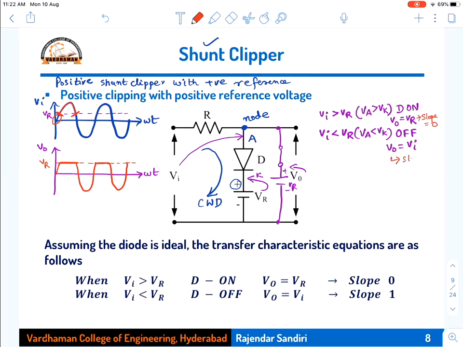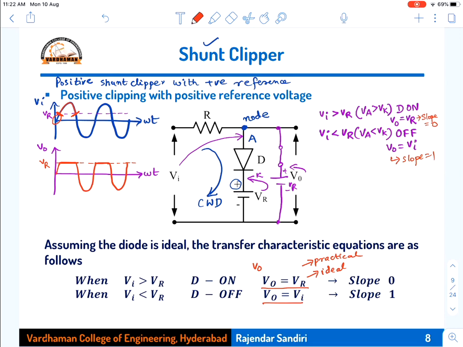Slope is equal to 1. So these two, V0 is equal to VR and V0 is equal to Vi, are called the transfer characteristic equations, and this is in the ideal case. In the practical case, this short-circuited diode is replaced by its battery of V gamma.